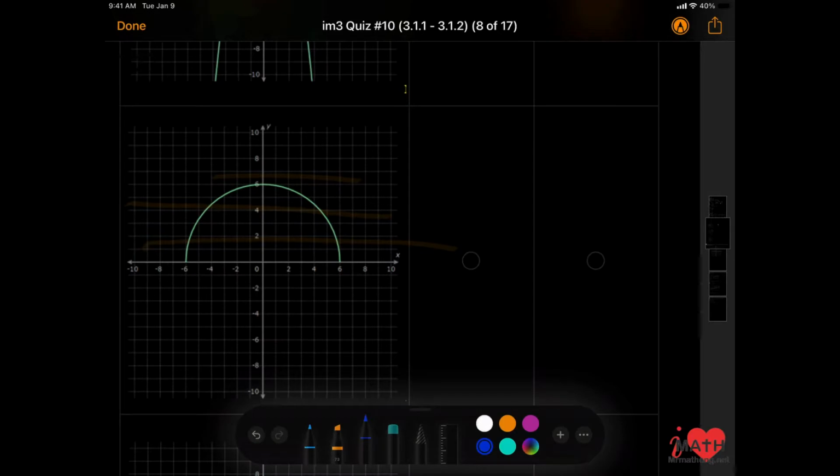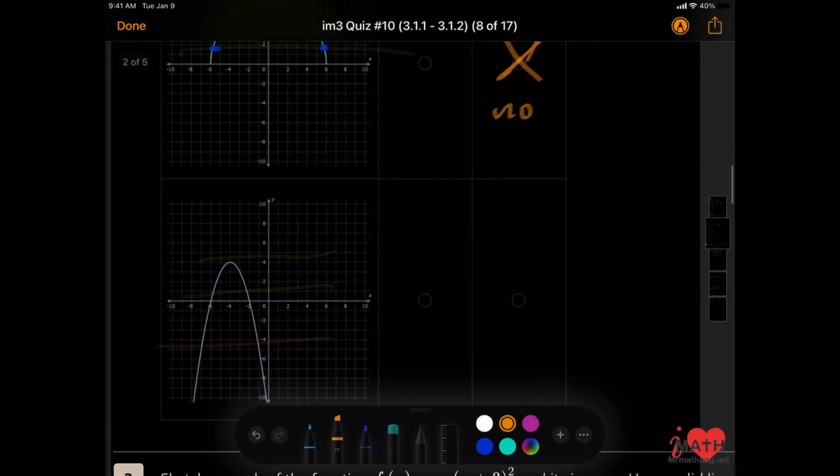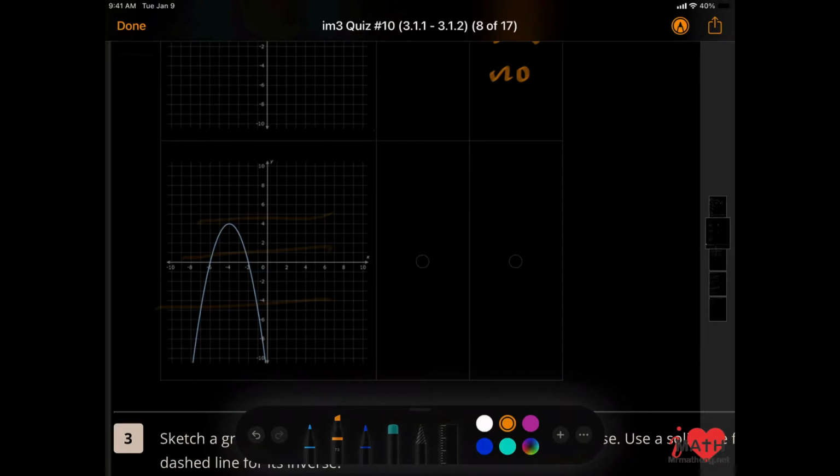That's 2 dots, so again it would be a no. Same thing over here, just different parabolas. It would pass up here, but it would fail on these 2 points right there. So that would be a no.